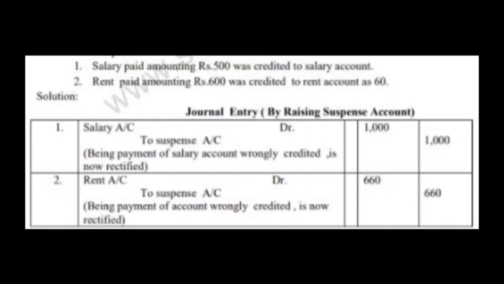So there will be two impacts on the debit side now. One is to reduce that 60, so you'll have to debit the rent account by 60, and the original entry of 600 that should have been recorded on the debit side, now you will record it. So the total amount shall be 660, and there is nothing to write on the credit side, so the suspense account shall be credited by 660. So the entry shall be rent account debit and suspense account credit by 660.